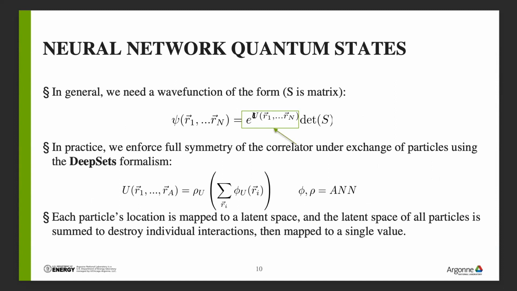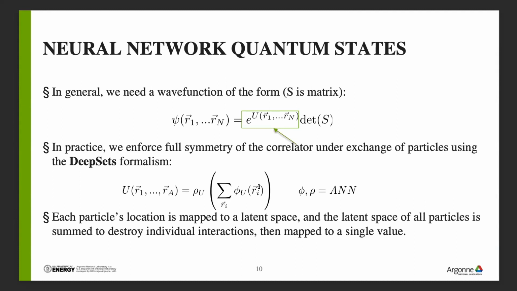So to do this, we put it into this deep sets formalism. If you're familiar with this, it's from graph neural networks, but it's basically a way to compute with neural networks a fully symmetric output. So if you're working on point clouds and you want to have the points come into your neural network in arbitrary order, this is a useful technique.